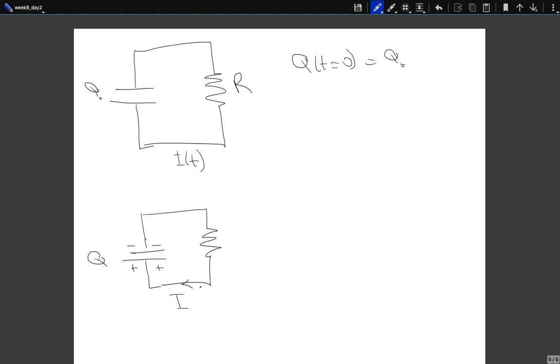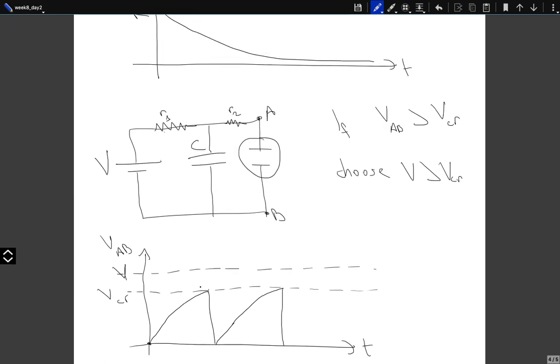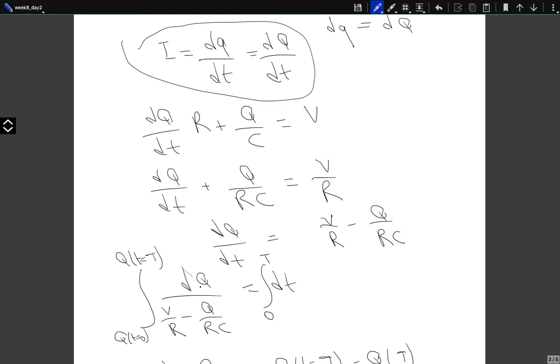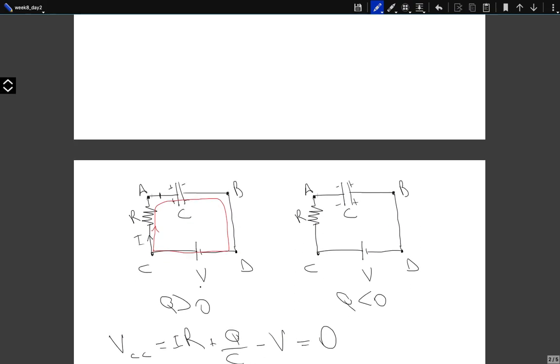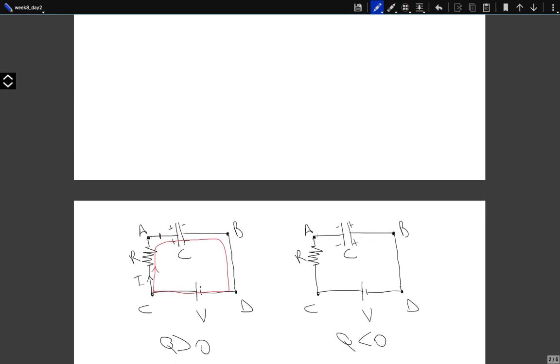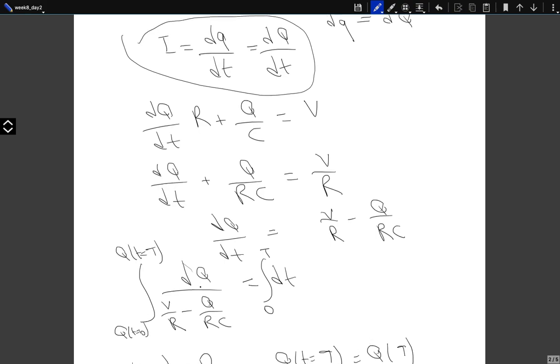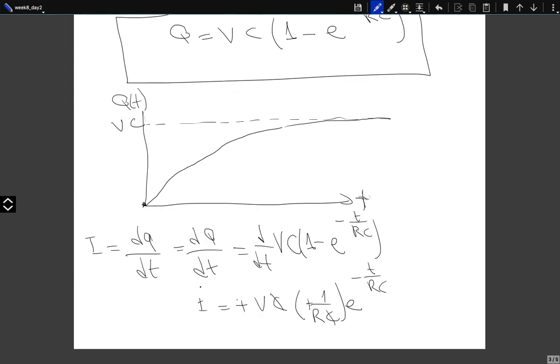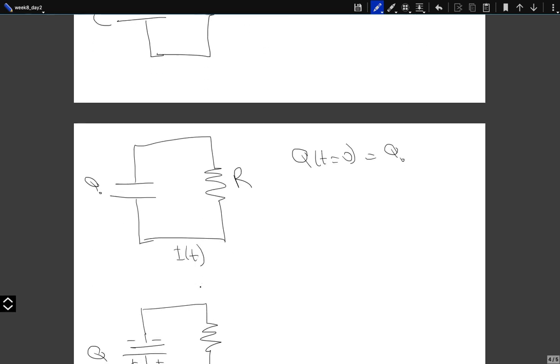Well, more or less like in the previous case. If the current is charging the capacitor, I also chose the current to be positive. I repeat, it's just a matter of convention. You can choose whichever you like. It will not change the result.